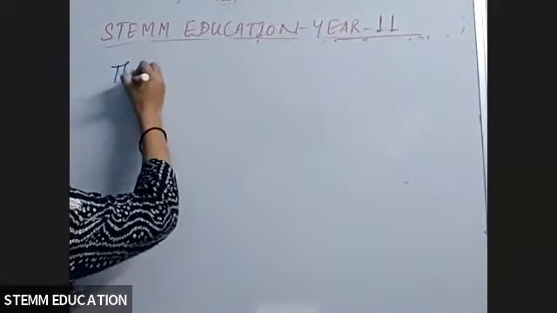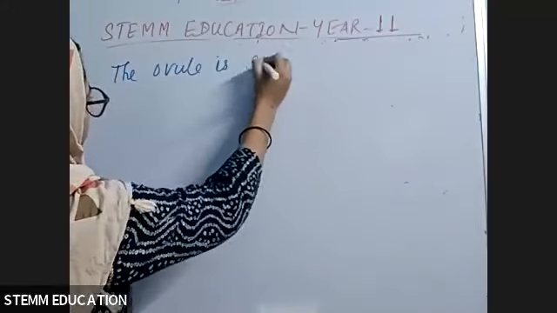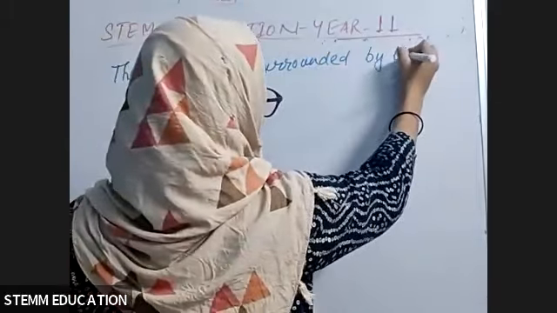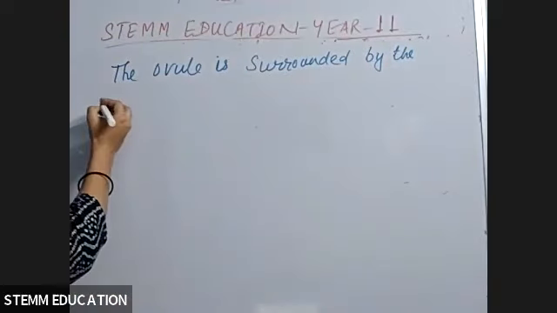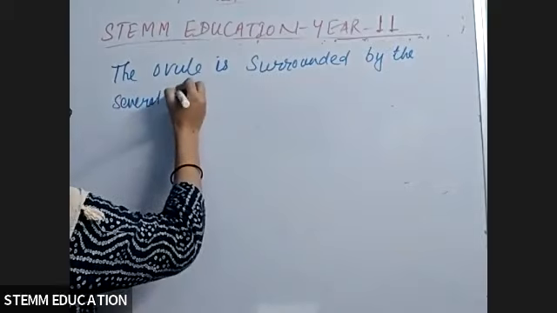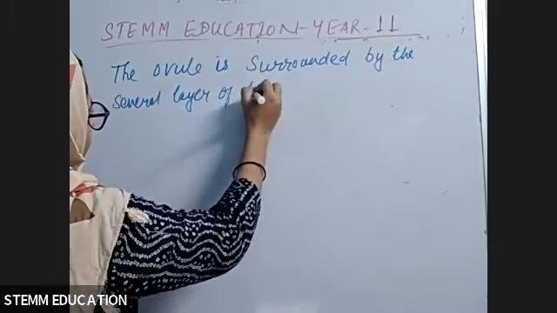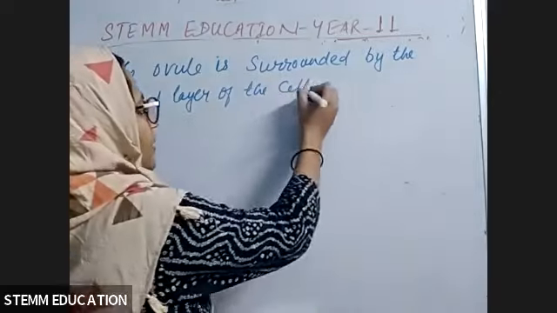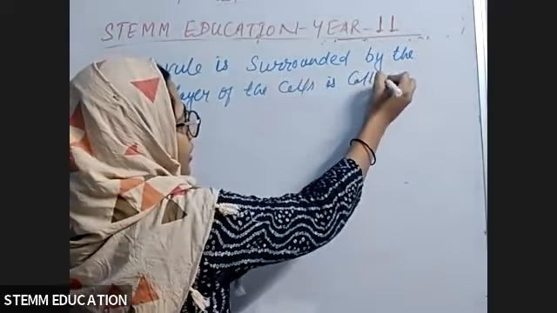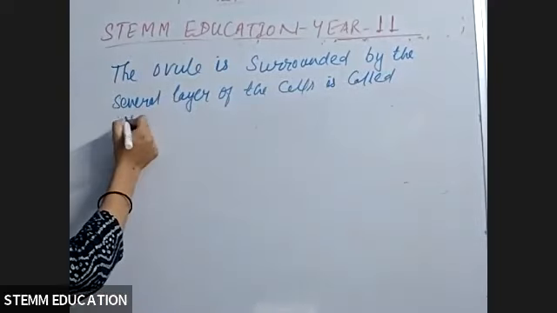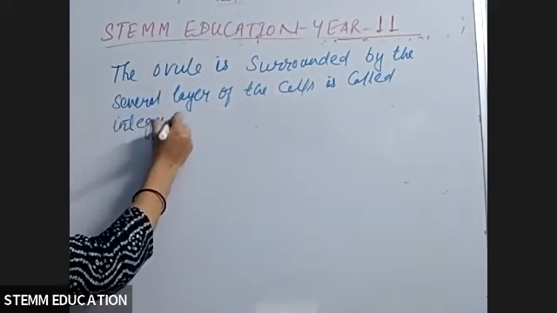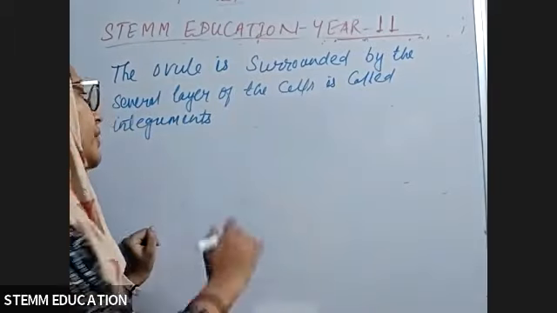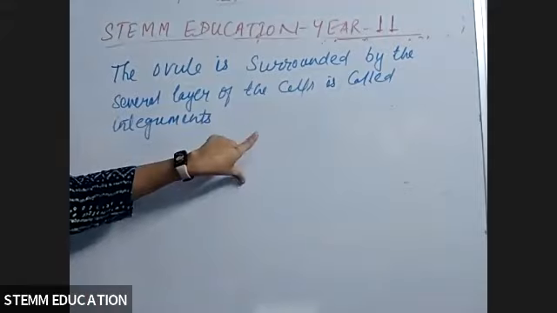The ovule is surrounded by several layers of cells, which are known as integuments.